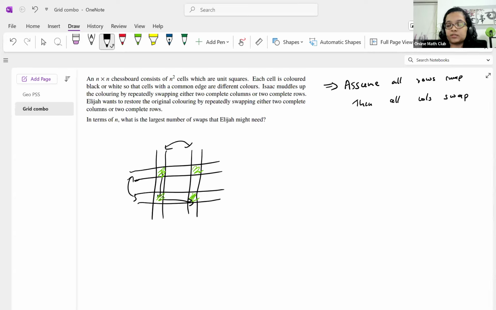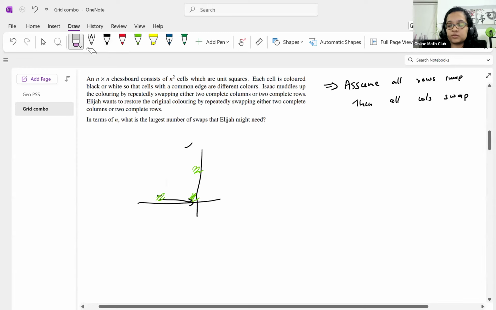That just means all the row swaps are going to take place and then all the column swaps are going to take place by both people. So now it kind of, but not exactly, suffices to look at the rows and columns separately. But there are also some things you still need to be careful about. So yeah, you can try it this way now.